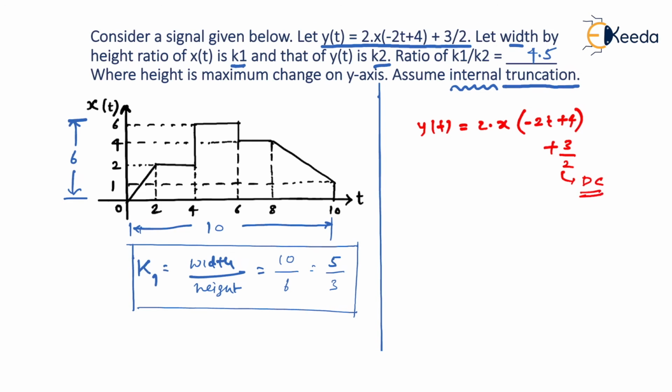Of course, every DC signal will have width as infinity because it is 3 by 2 for all time. So when such a signal has infinite width, the width of y of t would also be considered infinity. But since they have used this phrase internal truncation, you don't have to consider the width of the DC, you have to consider the width of the original x of t after the scaling effect.